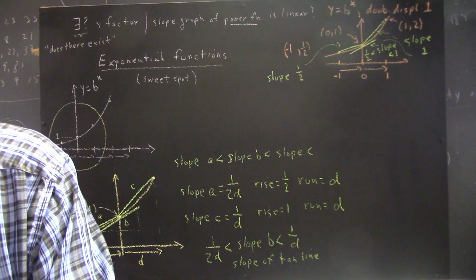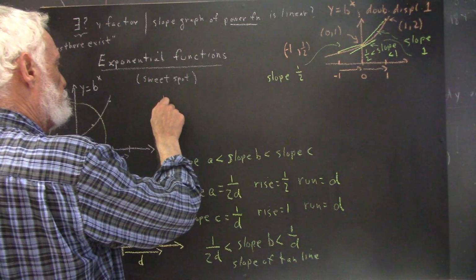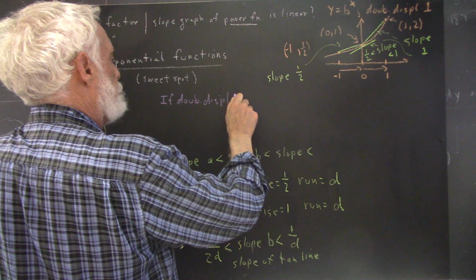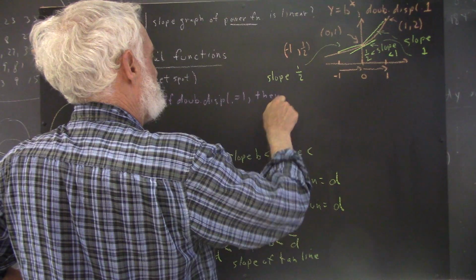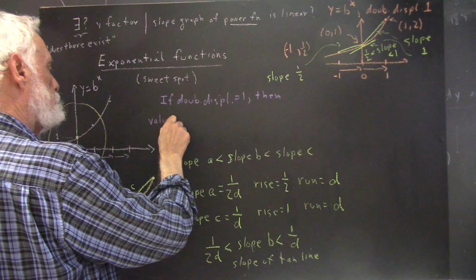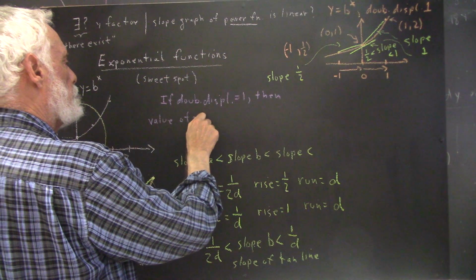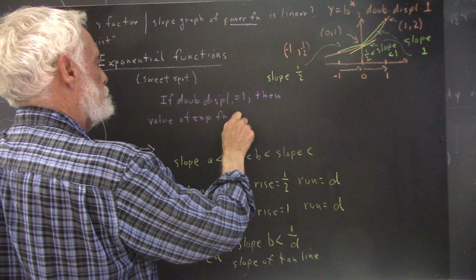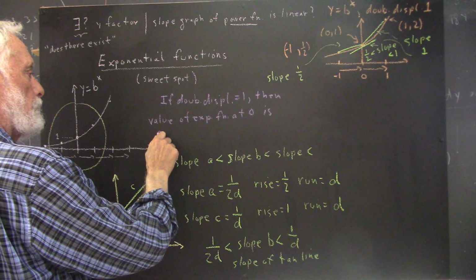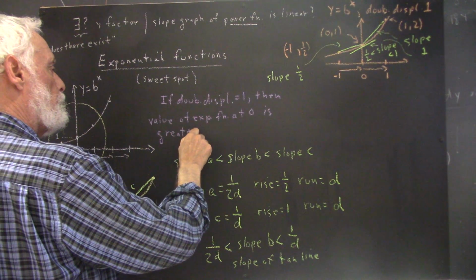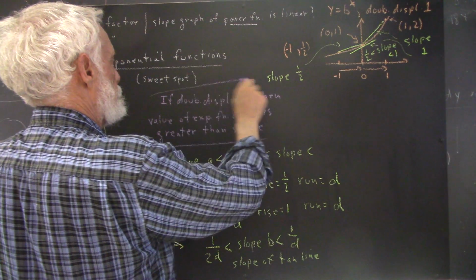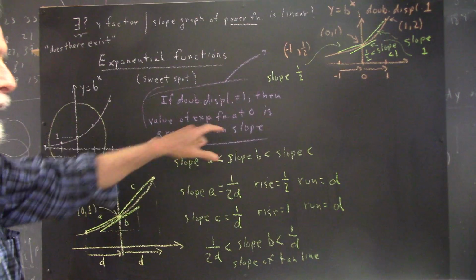So I can kind of write that down as a really important statement. I can say, if the doubling displacement is 1, then the value of the exponential function at 0 is greater than the slope, and by that I mean the slope of the tangent line.